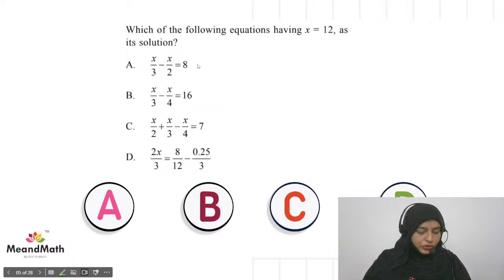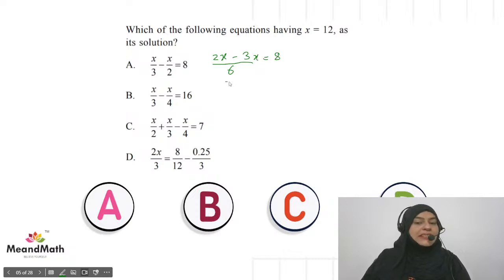Very good to all of you, you are attempting your questions. Try to solve this question. Here you can see x by 3 minus x by 2. When we take the LCM, it is 6. It will be 2x minus, 3 times x, 3x, which is equal to 8.